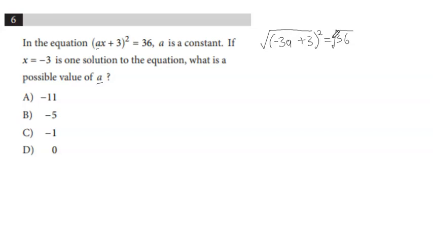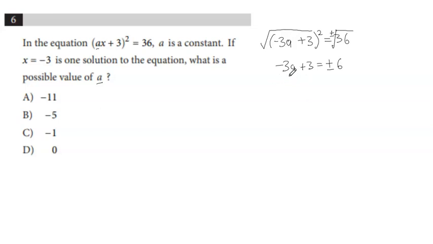When you do this, you have to put plus or minus in front of the square root sign on the right hand side, because if you square a positive or a negative number, it's still going to be positive, and that's the reason why. So I'm going to rewrite this as minus 3a plus 3 equals plus or minus the square root of 36, which is what? 6. So this is how it will look.